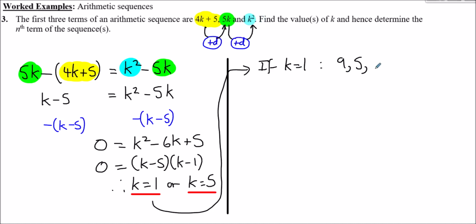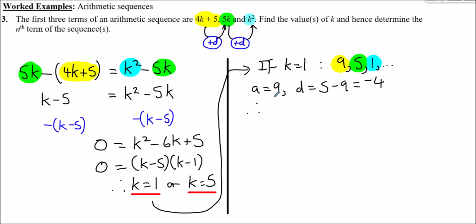K squared is 1 squared, which is 1. So in this case, the first term is A, 9. The common difference, 5 take away 9, or 1 take away 5, is minus 4.